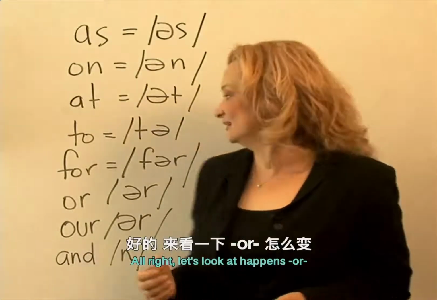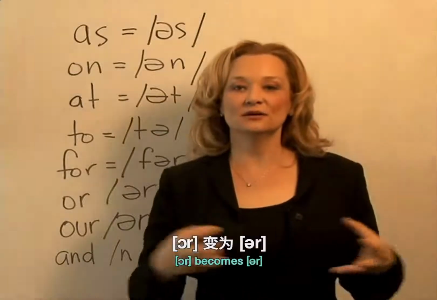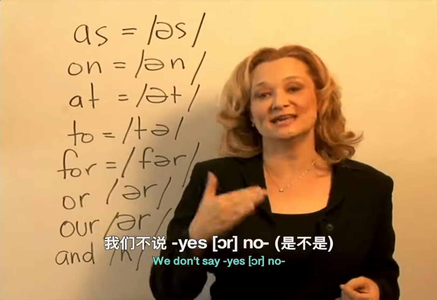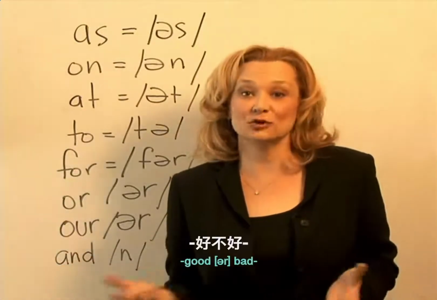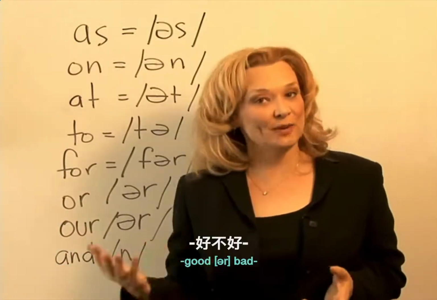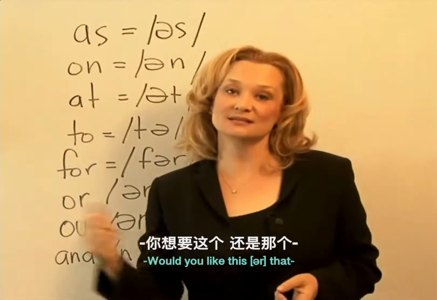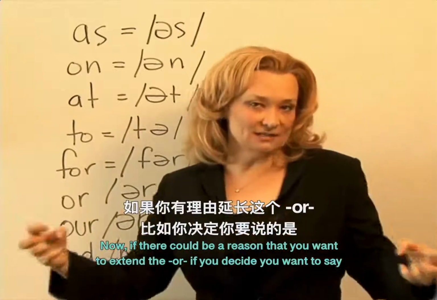All right, let's look at what happens to "or." "Or" becomes just a consonant sound. We don't say "yes or no," we can say "yes-ur no." Good or bad. Good or bad. This or that. Would you like this or that? Now, there could be a reason that you want to extend the "or."